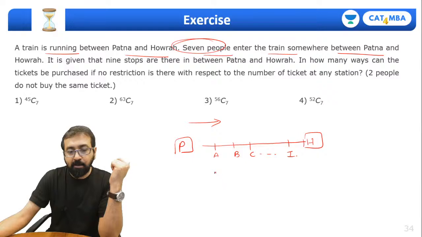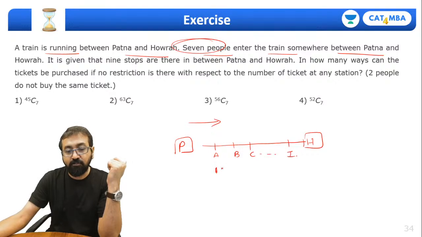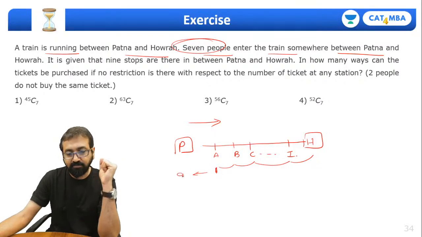Can I say the person who boarded at station A can purchase an A to B ticket or an A to C ticket, or up to I, any of these tickets? So how many tickets will he have to choose from?